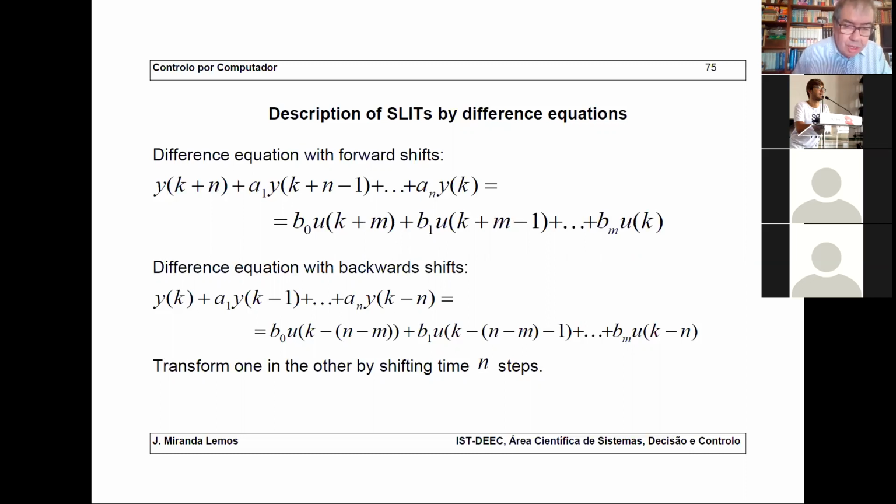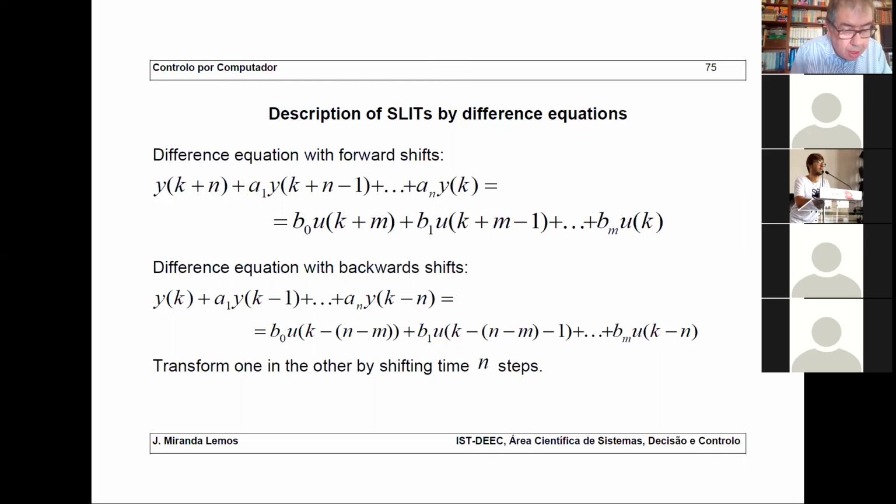Now, in which situation do we have an instantaneous action of the input in the output? Tell me a condition so that we have an instantaneous action of the input in the output. So you change the input and immediately the output changes.